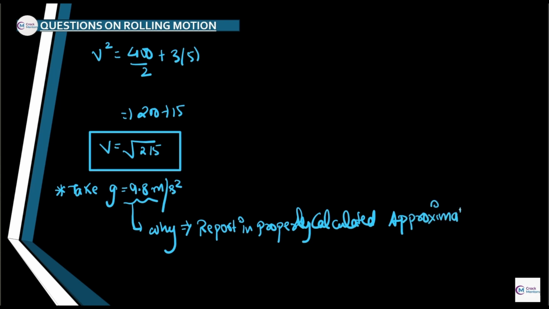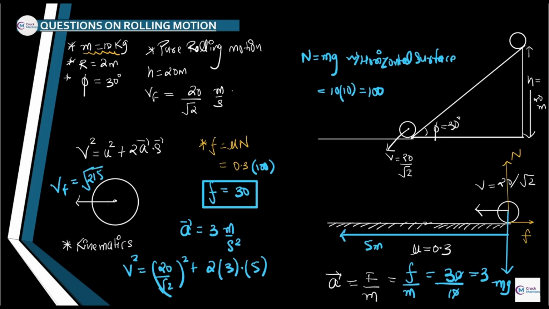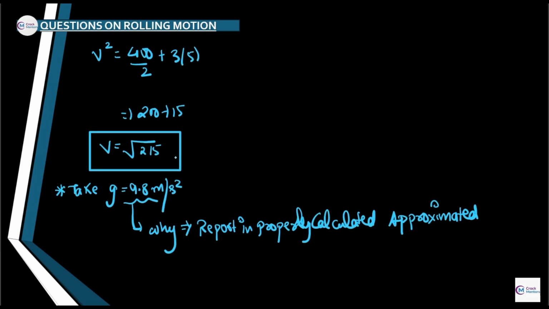Sir, why did you solve with gravity as 10 meter per second square? Because I am explaining the things right now and I don't want the calculation to be very hard. If we do the calculation, then the concept is going to be missed. That's why I did this.